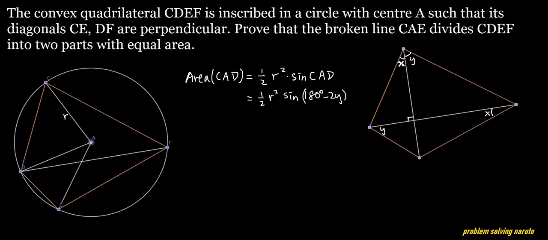But you know sine of 180 minus something is just the sine of that. Similarly, you can find the area of DAE, which is half r squared sine DAE.